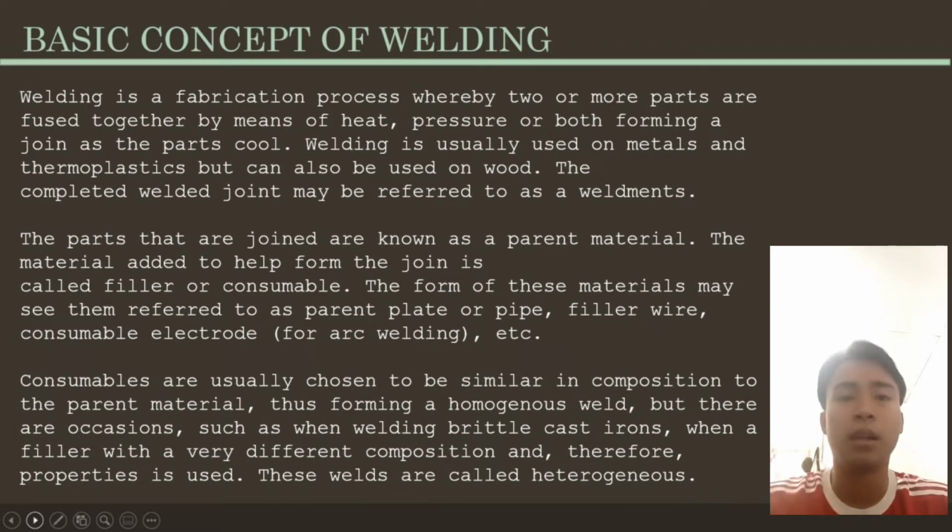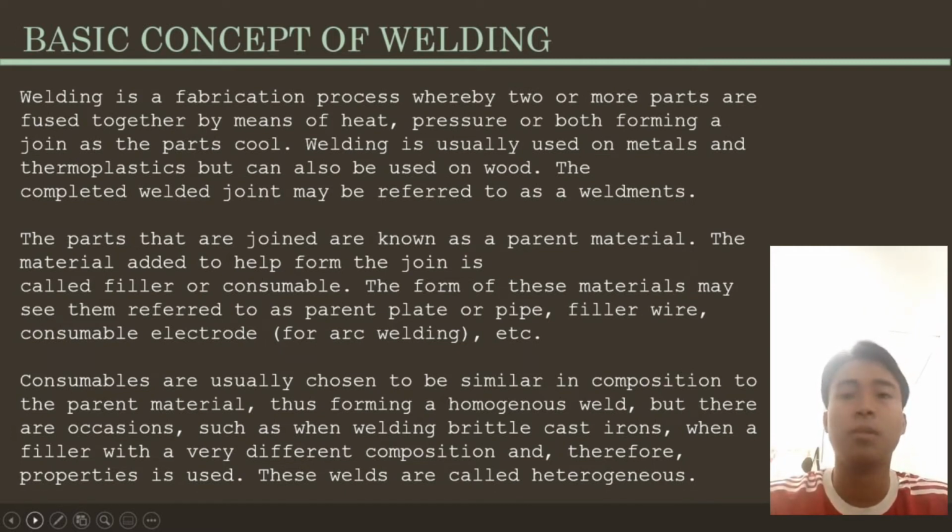The material added to help form the joint is called filler or consumable. The form of this material may differ, such as parent metal, parent plate or pipe, filler wire, consumable electrode for arc welding, and anything else.